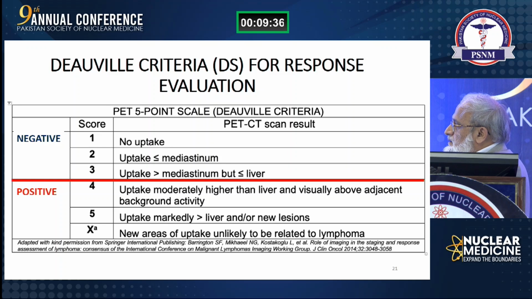So again, similar to the Hopkins criteria, we have 3 grades which we call negative, and 2 grades which are positive. So here you can see anything less than or equal to liver is negative, and if it's moderately higher than liver or markedly above the liver, then it will be called positive.